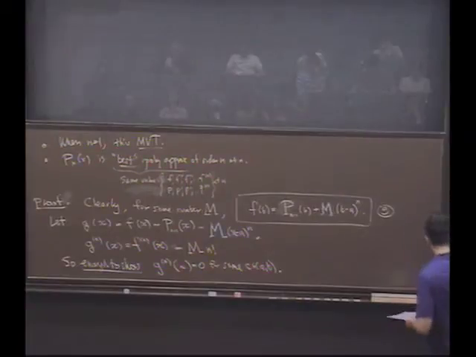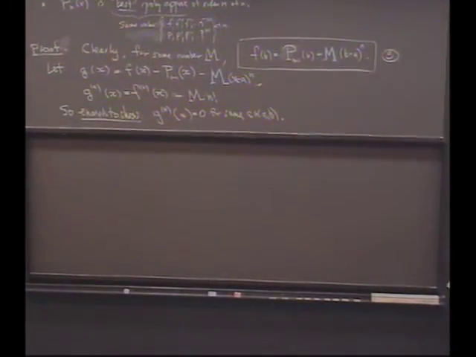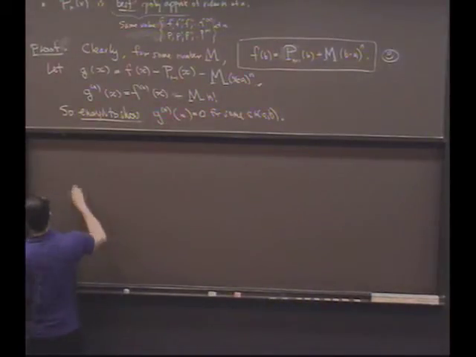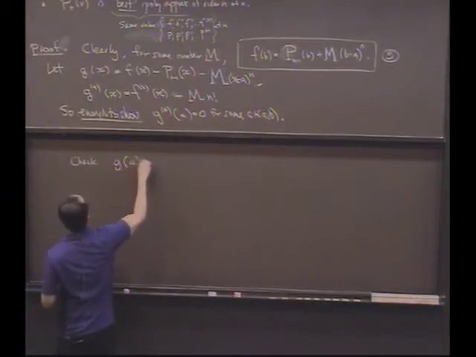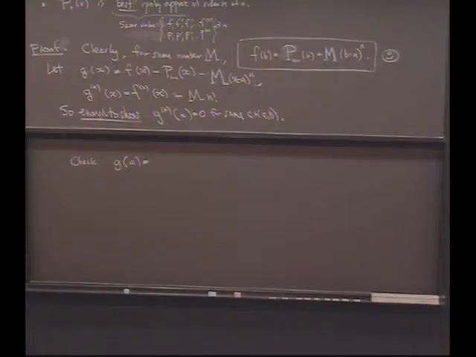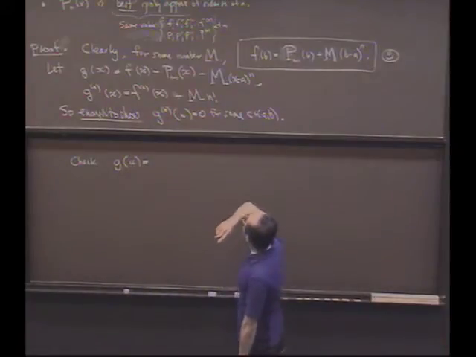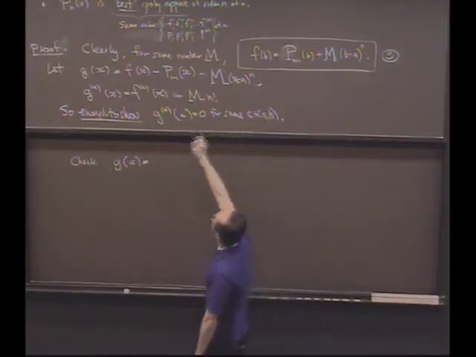So we can check a few things about g. So the nice thing here is, tell me, this function g, what is its value at a? A minus a is 0.